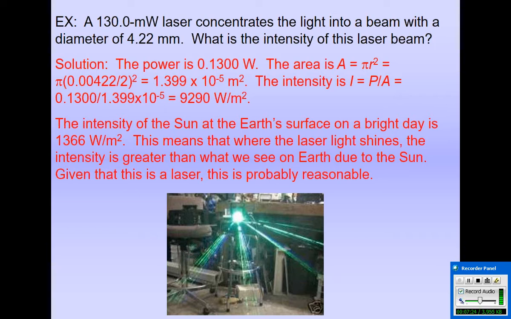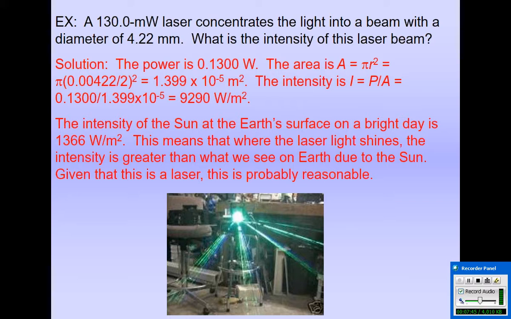Now, how bright is that? On a bright sunny day, nice summer day, the intensity of the sun at noon is 1,366 watts per square meter where we are on the Earth. Obviously, if we were closer to the sun, that intensity would go up.